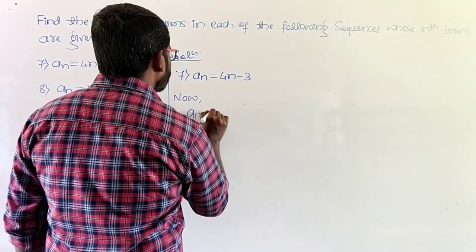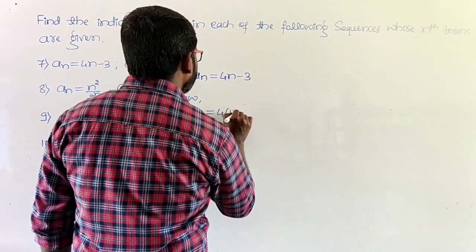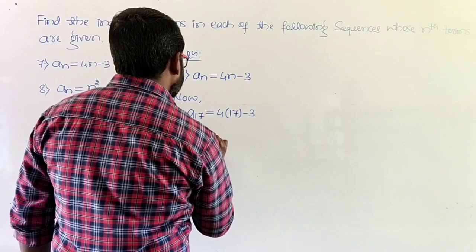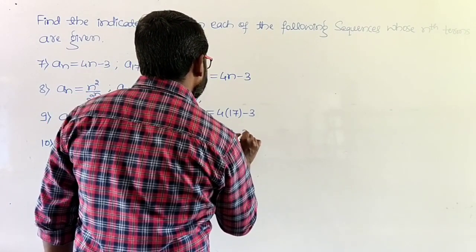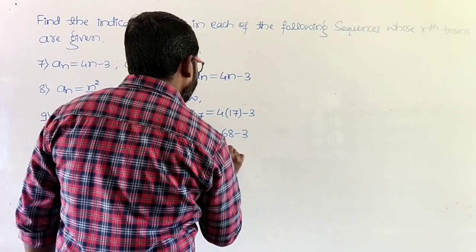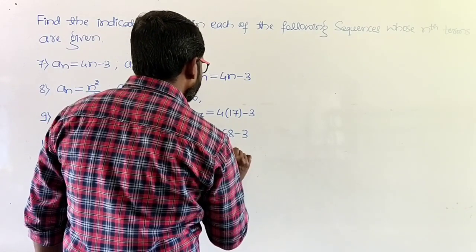a17 is equal to 4 into 17 minus 3. So a17 is equal to 68 minus 3, which will be 65.